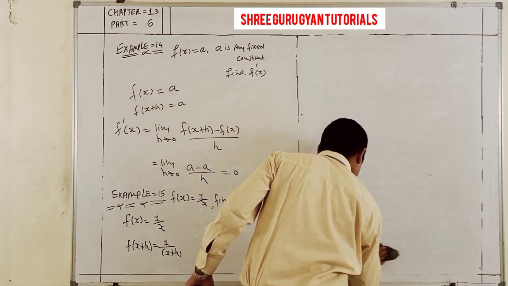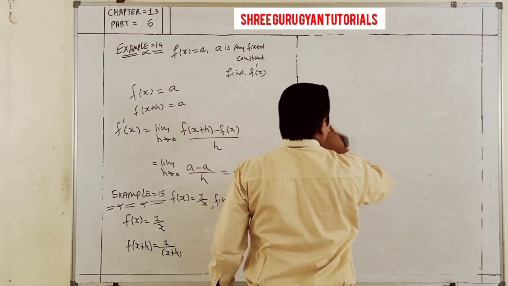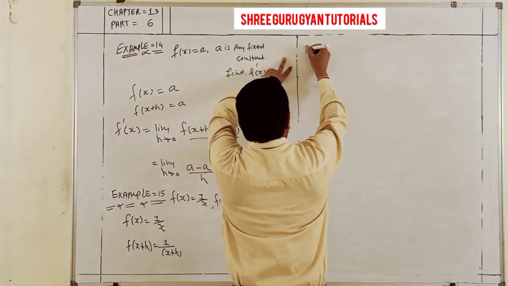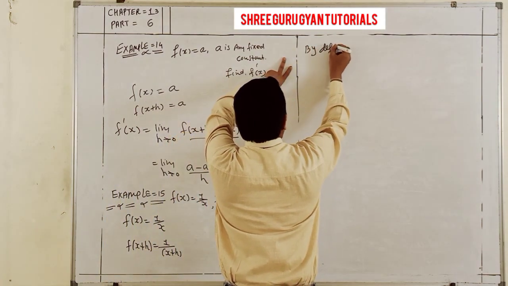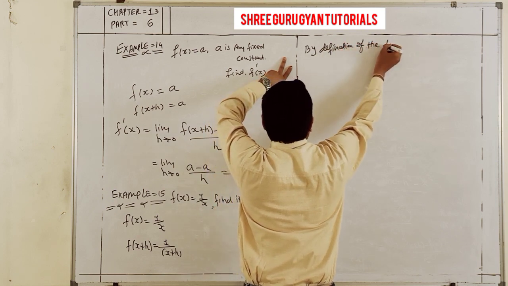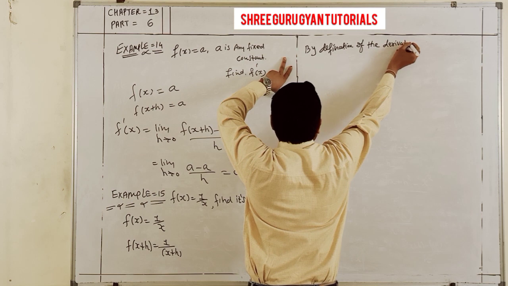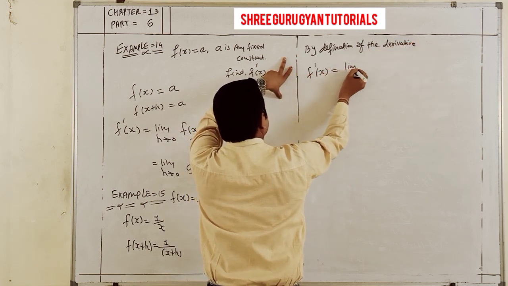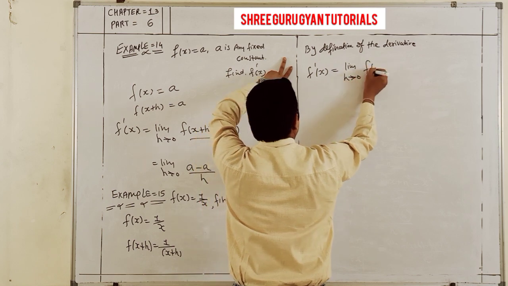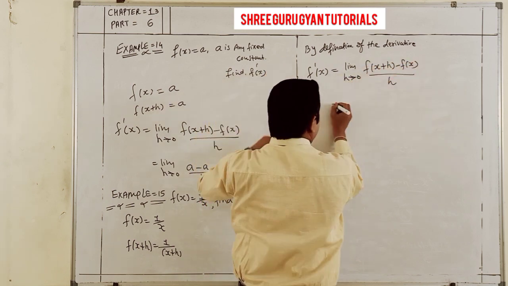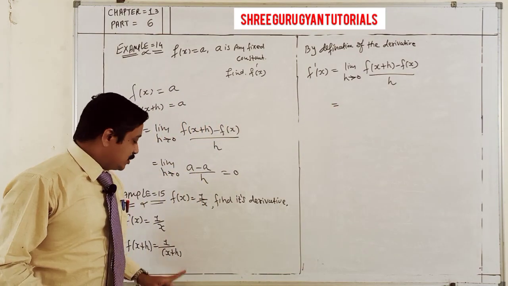Indirectly, any function you are given, you can show its derivative by definition. By definition of the derivative, f dash x is the limit as h tends to 0 of f of x plus h minus f(x) by h, and show your data.